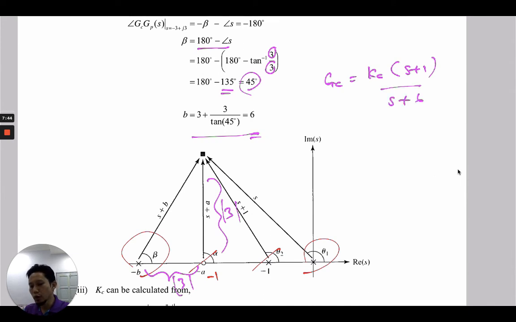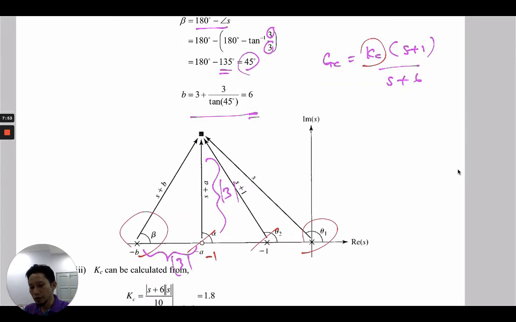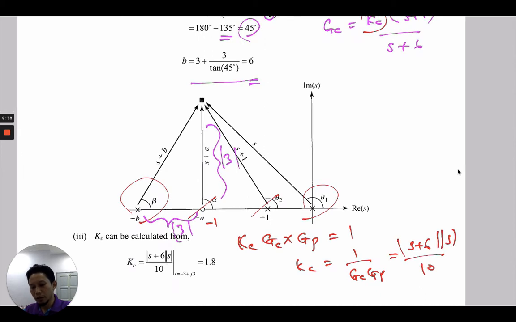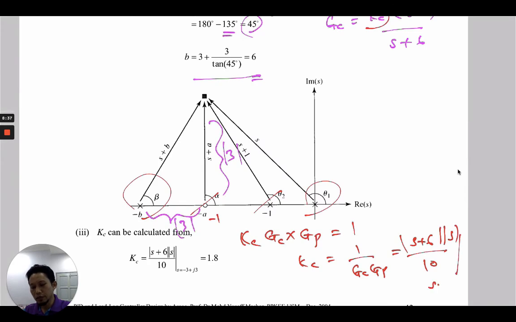What we don't know now is only Kc. We can calculate the value of Kc from the formula where Gc multiplied by Gp equals 1, so Kc = 1 over Gc Gp, with the factors (s + 6) and s, and s equals -3 + j3.